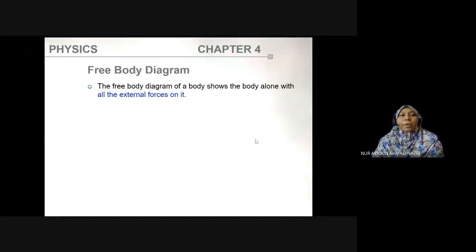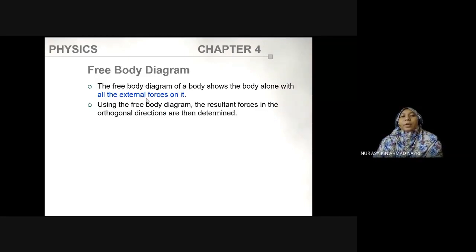Okay. So the free body diagram of a body shows the body alone with all the external forces on it. So this is how all the forces act on a body. To make it easy, kita akan transfer pada satu benda yang we call it as free body diagram.